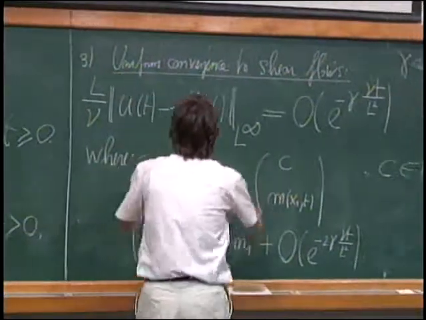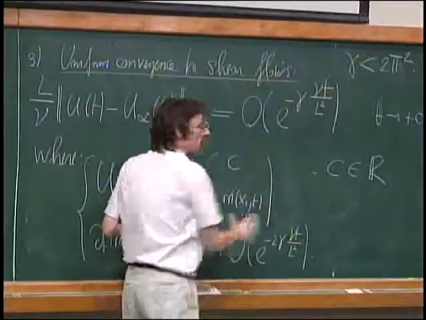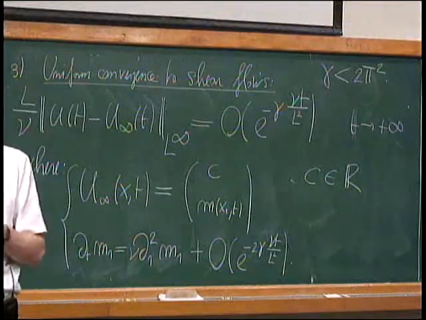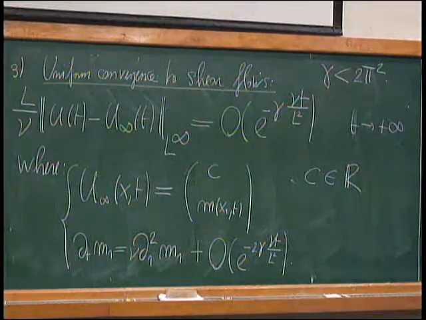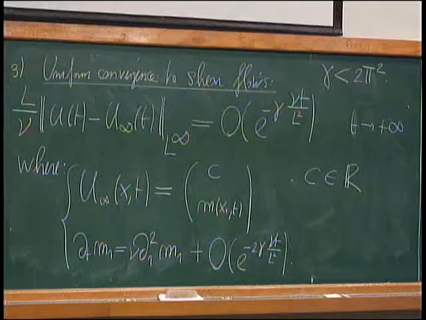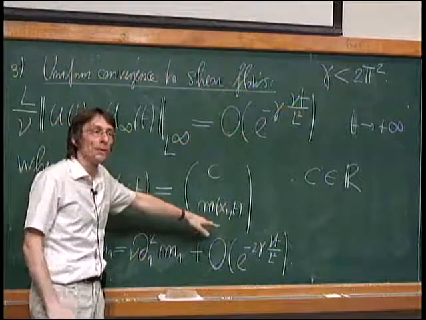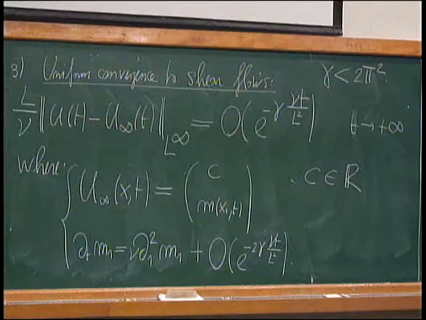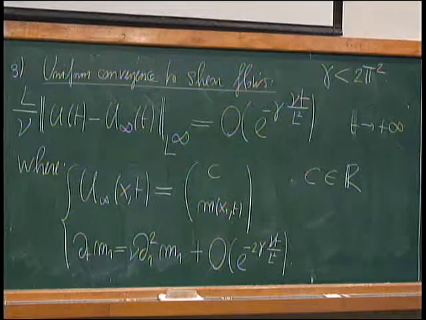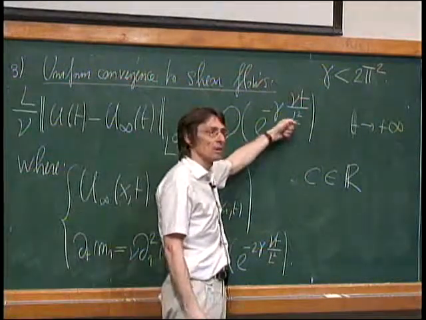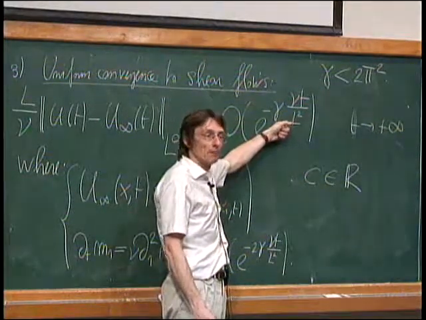So the set of functions of this form can be thought of as a manifold of slowly varying, not equilibria. Maybe Jean will call this metastable something, but this is the idea. You have a slow manifold made of shear flows, which evolves according to the trivial dynamics of the one-dimensional heat equation, and all solutions converge exponentially rapidly toward members of this family.